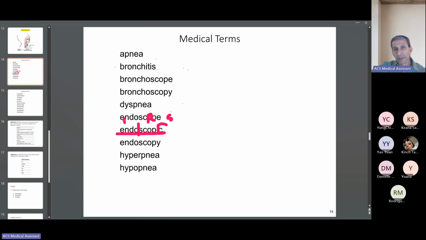Endo is the prefix. Once again, IC means pertaining to. Scope means the instrument. Endo means within, inside. So pertaining to the instrument that is used to check inside something. It's pertaining to the instrument that is used or utilized to check something, to visualize something internally. That's basically what it is.